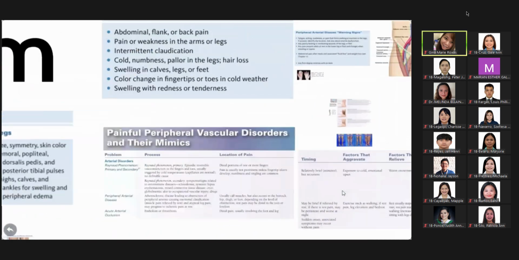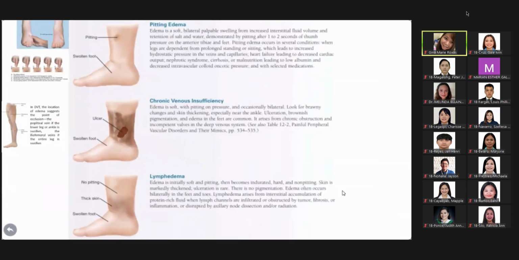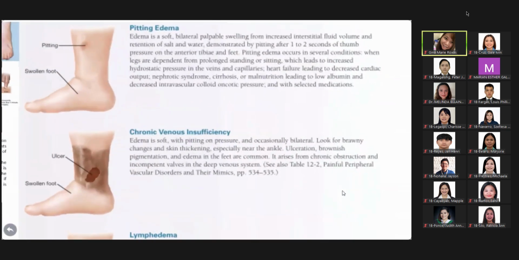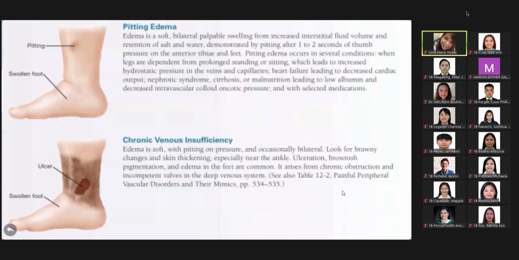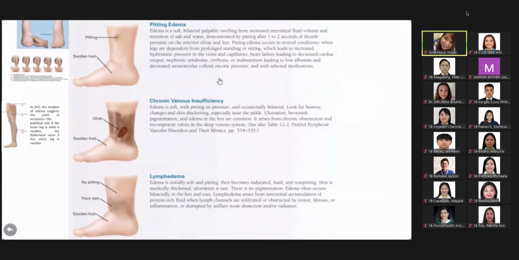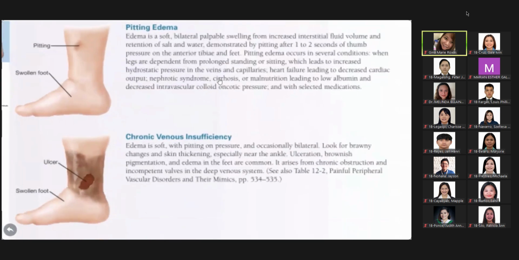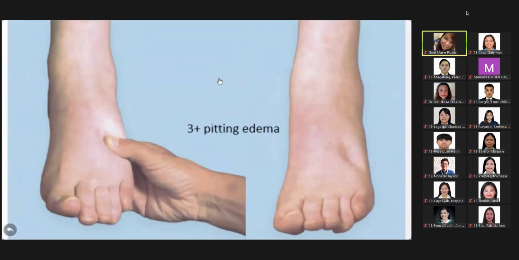Next you need to check for the presence of edema. It can be pitting edema, which can be due to heart failure, cirrhosis, or malnutrition. You can grade it as 1+, 2+, 3+. You can just press on this area.